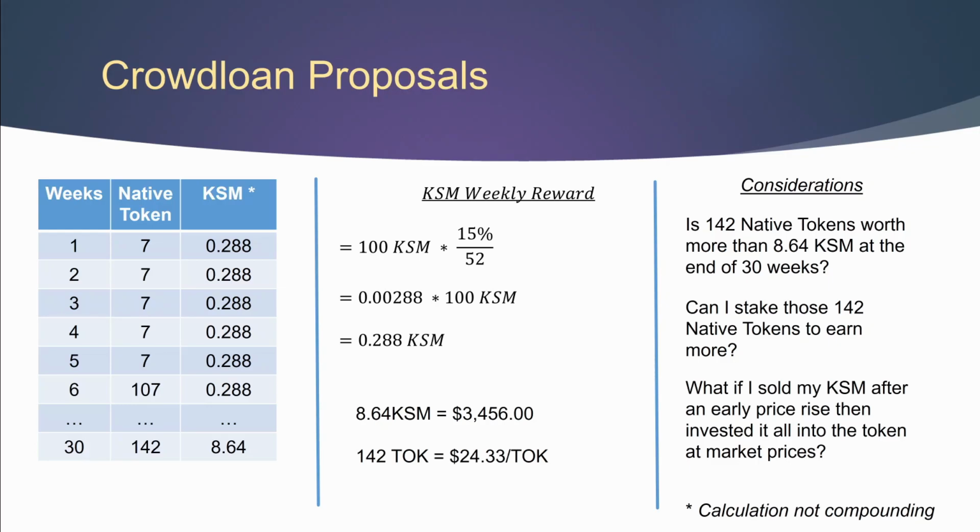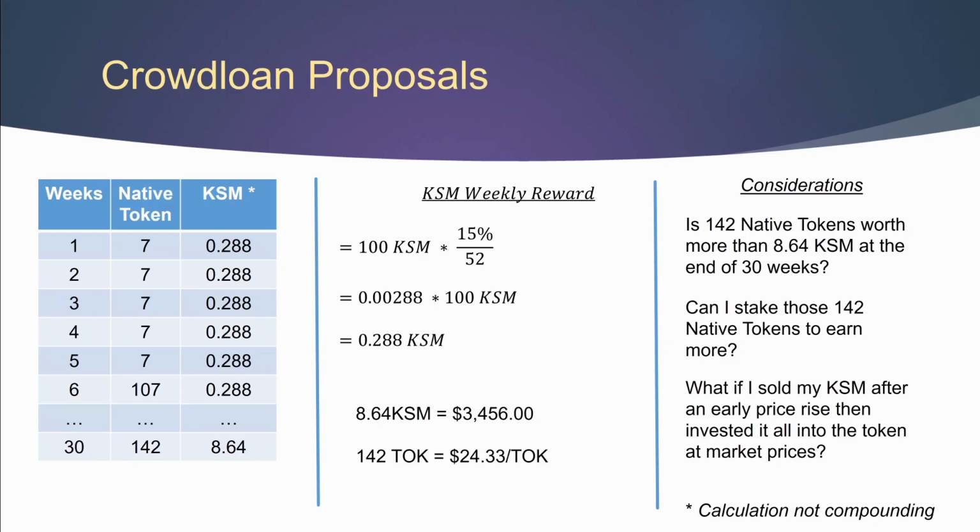We're just using that as an example. After 30 weeks, you will have 8.64 KSM. And if you invested in a crowd loan, you would have 100 KSM, which is your initial investment, but you will also have 142 TOK, or whatever that native token is.